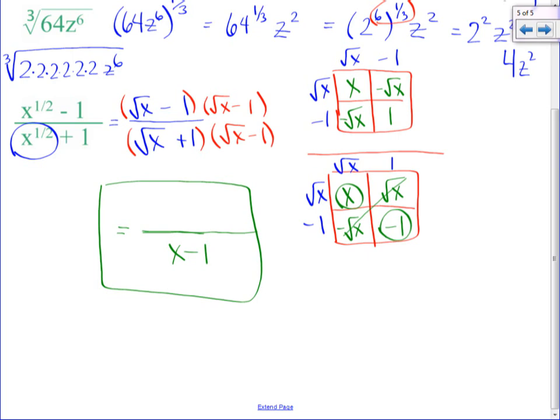And on the top, when we combine like terms, we've got x minus 2 root x plus 1. Questions on that process? Again, having these side by side with your homework, you're going to have a step-by-step process to follow for solving each of them.